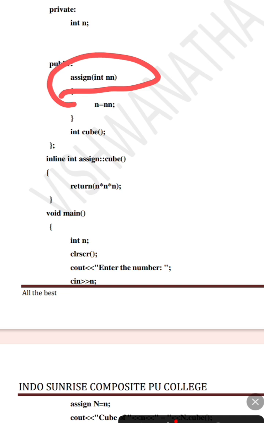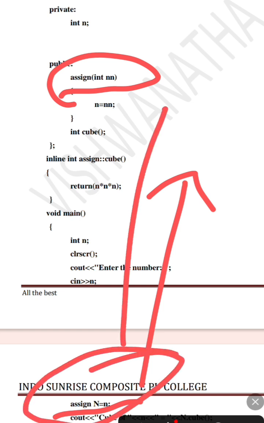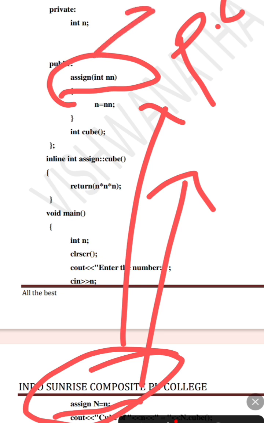There are three methods in the parameterized constructor. What are the three methods? Implicit, explicit and initialization. When will we use the initialization method? If you want to assign only one value to the object, we will use the initialization method. Here we use the initialization method. This is called a parameterized constructor. Here the constructor name is assign, and the class name is assign.